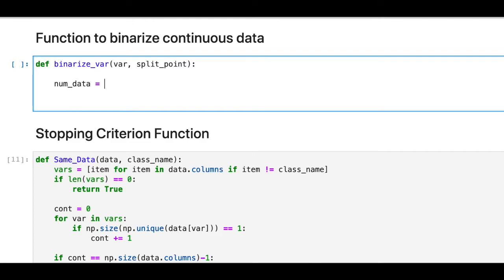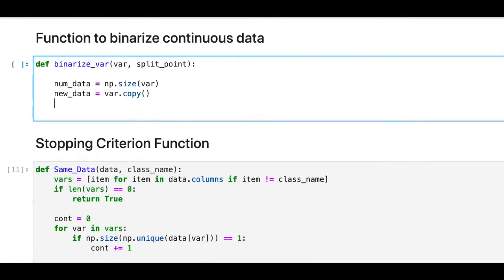The number of data points is going to be the size of the var. The new data, or the binarized data, we are going to initialize as a copy of the var, and then we are going to iterate.